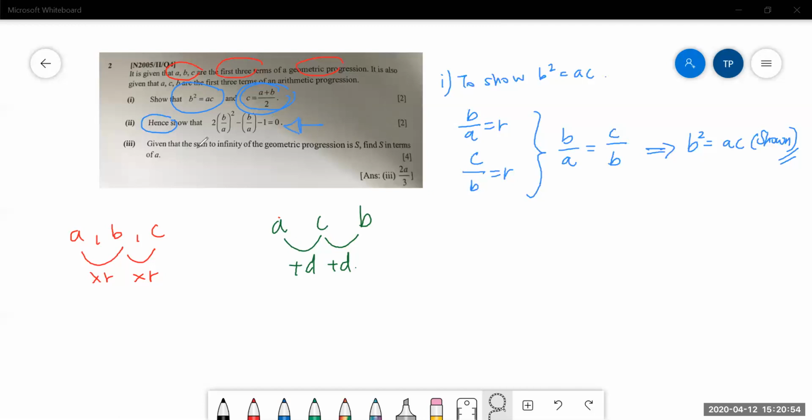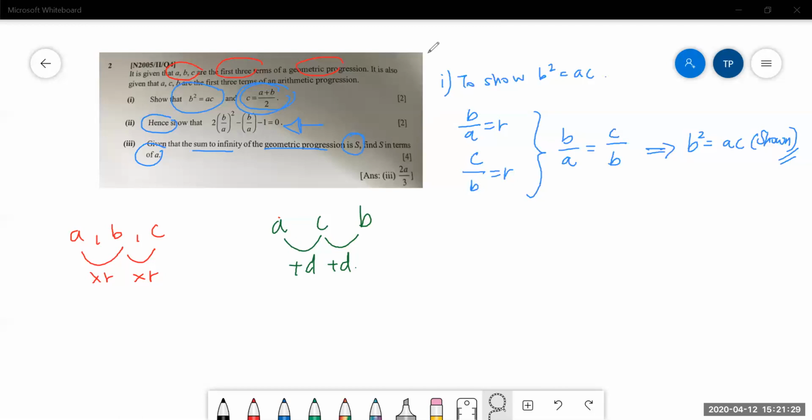Given that the sum to infinity of the geometric progression is S, find S in terms of A. We must use the formula, right? Can we just use the formula Sn equals A times 1 minus R to the n over 1 minus R?